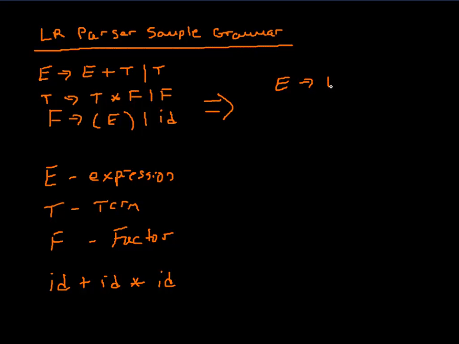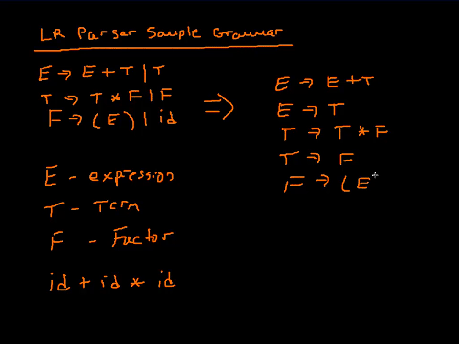E produces E plus T, and then write out the second production, E produces T, and T produces T star F, T produces F, F produces left parenthesis E, right parenthesis, F produces ID.